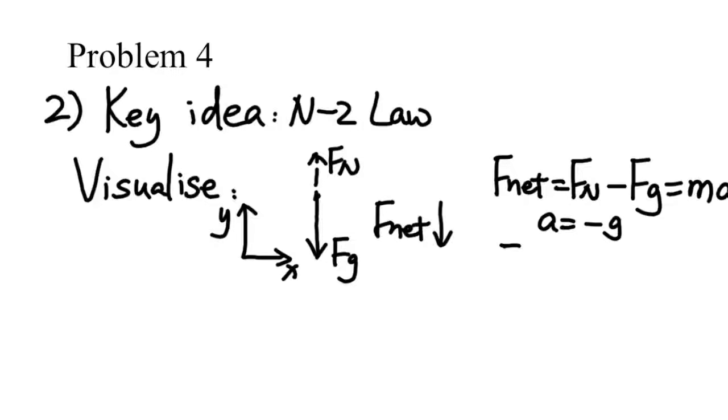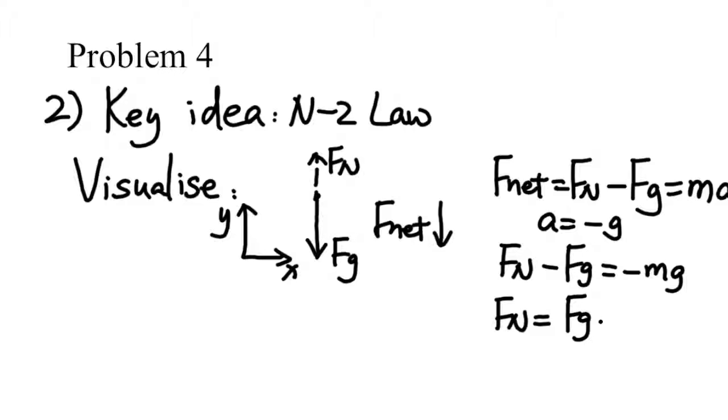So now we have normal force minus gravitational force equals negative mg. So normal force equals Fg minus mg. And we know that gravitational force is also mg. So we have a normal force of 0.